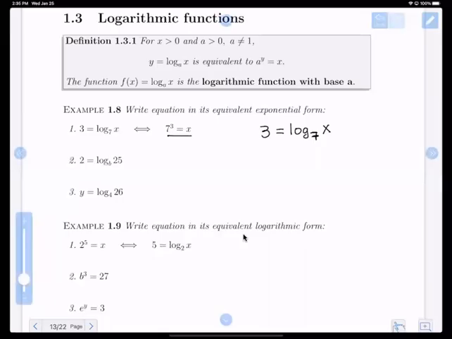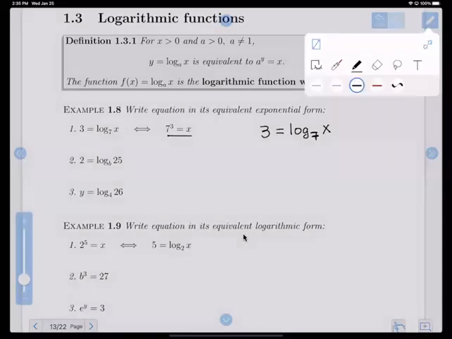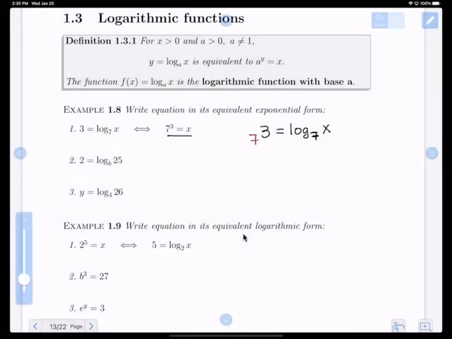So I want to raise both sides by 7. 7 cubed is 7 to the log base 7 of x. Remember, a to the log base a of x equals x. So this is just x. So 7 cubed is equal to x. That's how I get this.